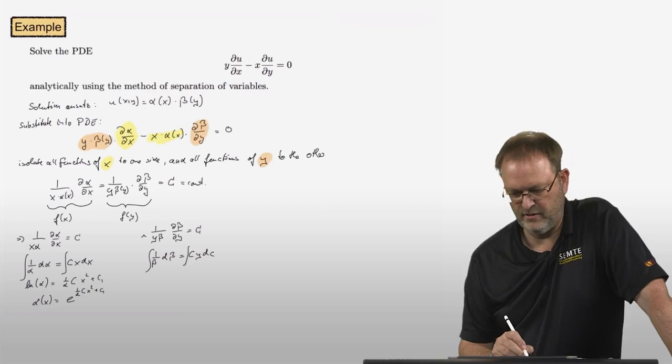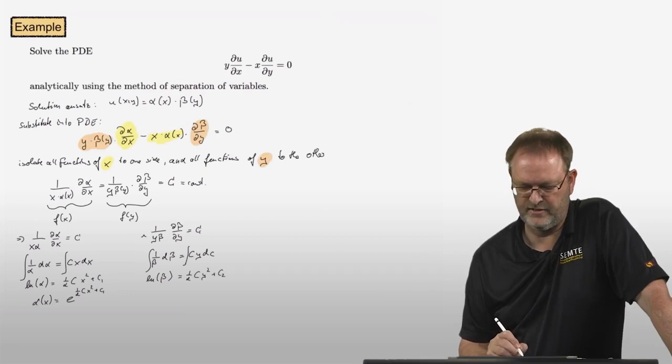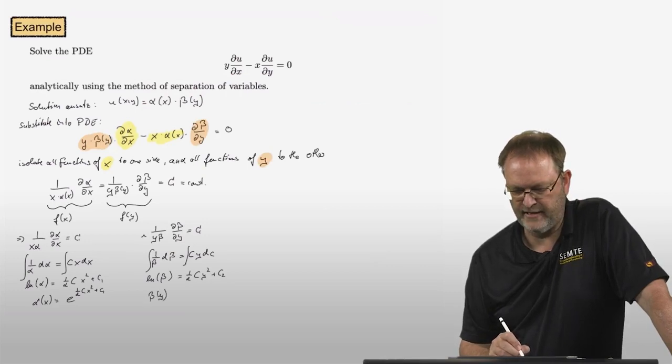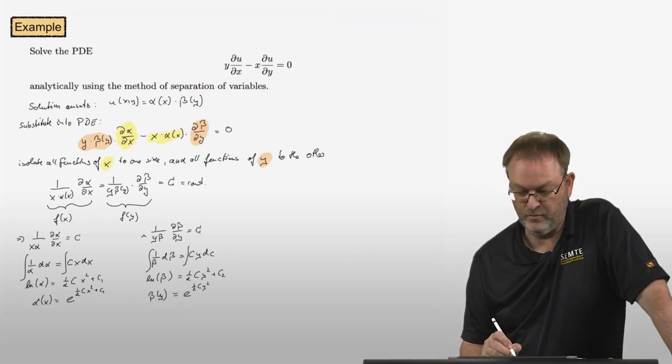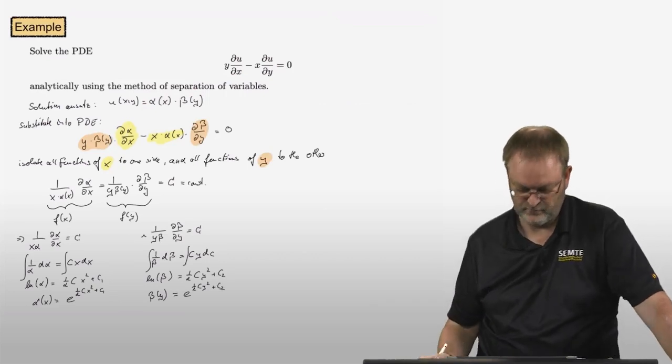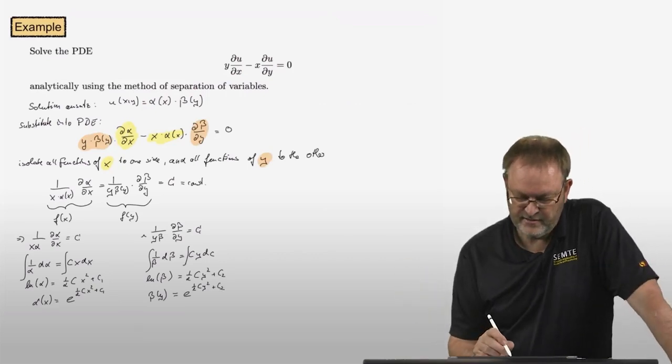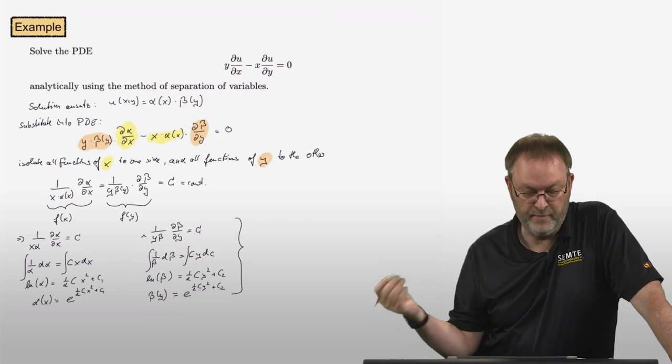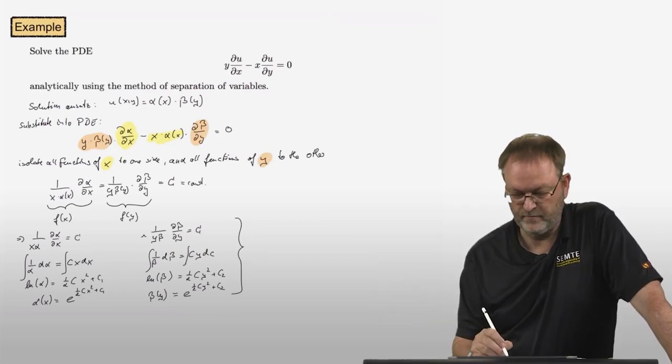I get the logarithm of beta is equal to 1/2 cy squared plus another integration constant c2, and therefore beta of y is equal to e to the power 1/2 cy squared plus c2.